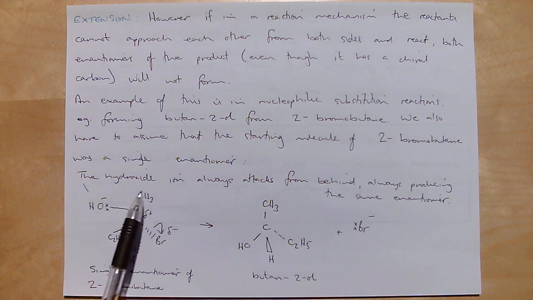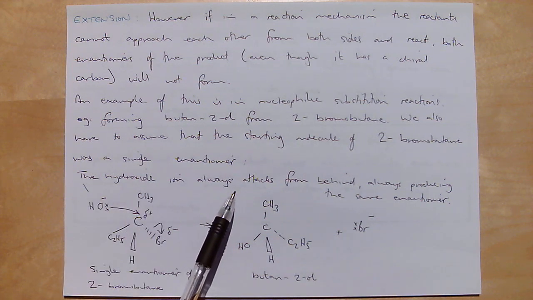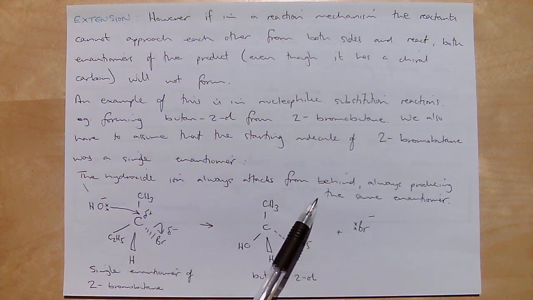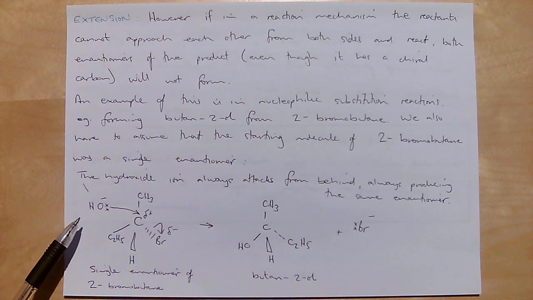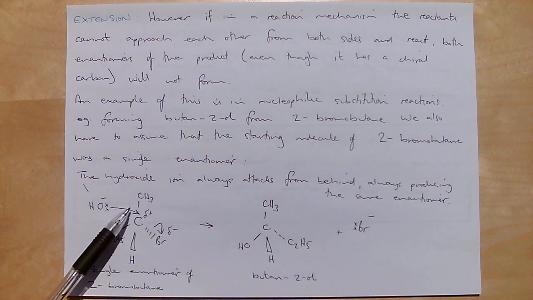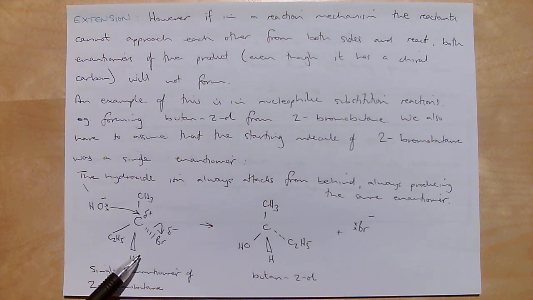Okay, right, so the hydroxide ion always attacks from behind, always producing the same enantiomer. So if I start off with this single enantiomer of 2-bromobutane, the OH- can only attack that carbon from one side.